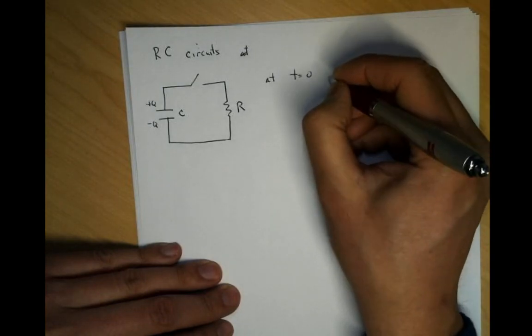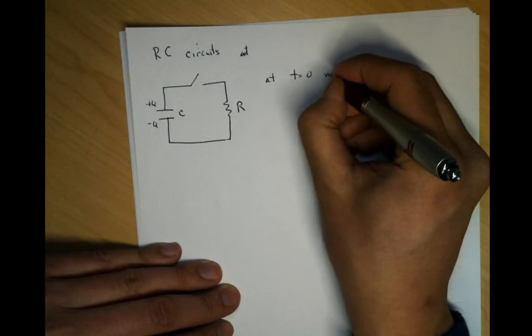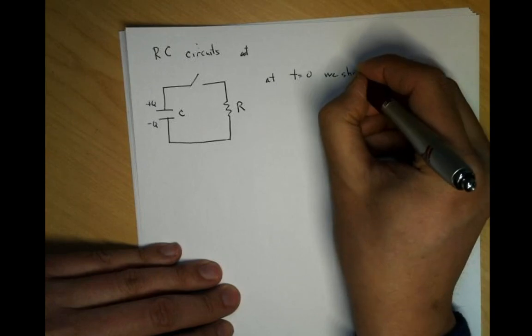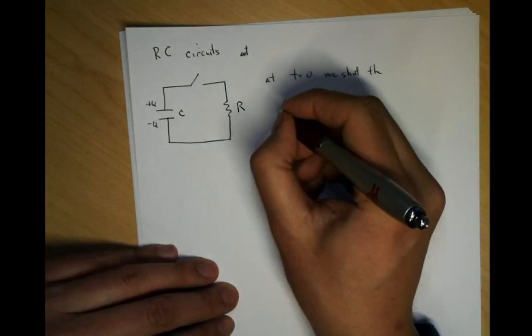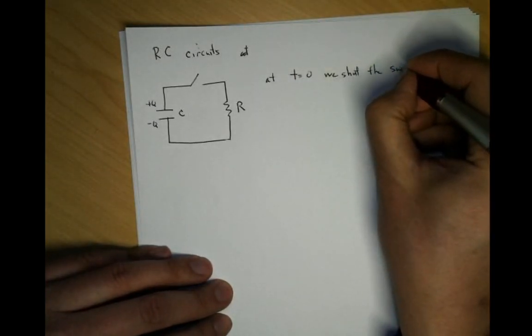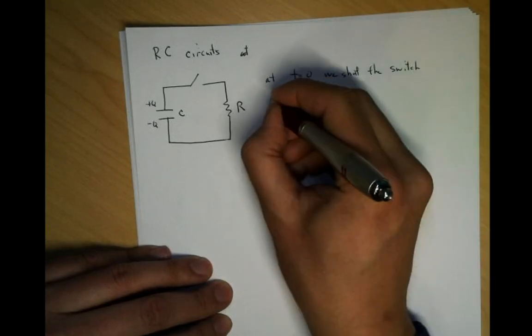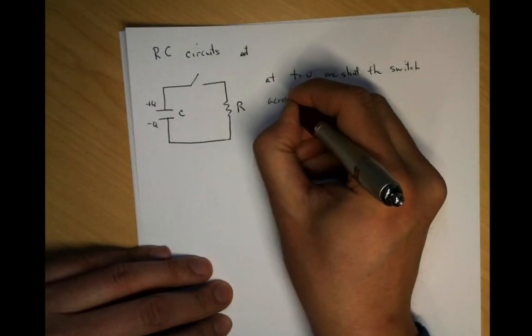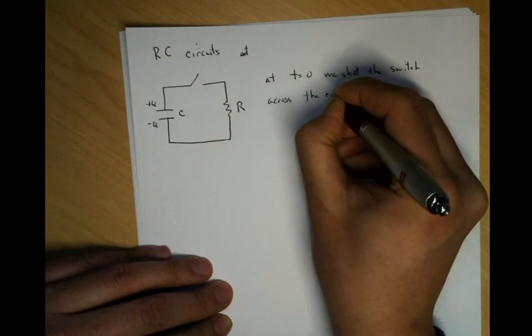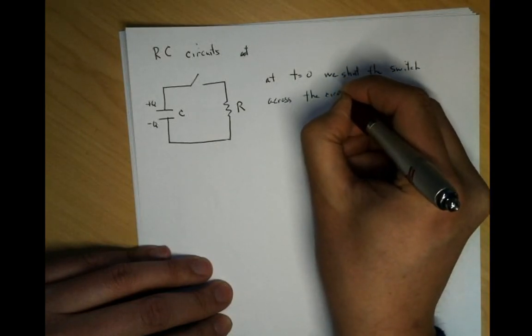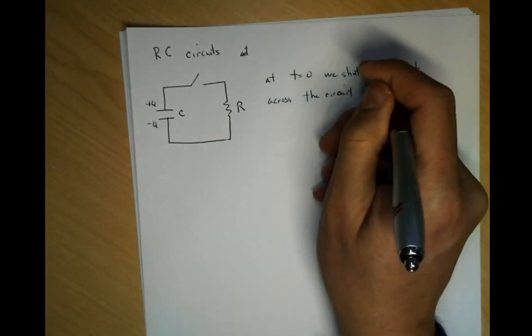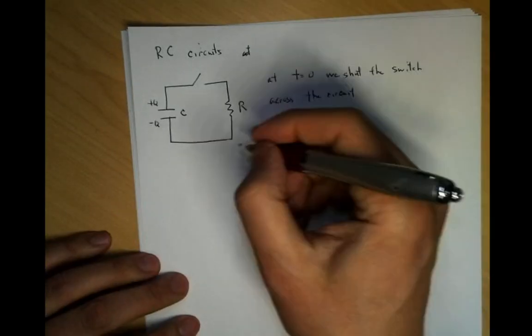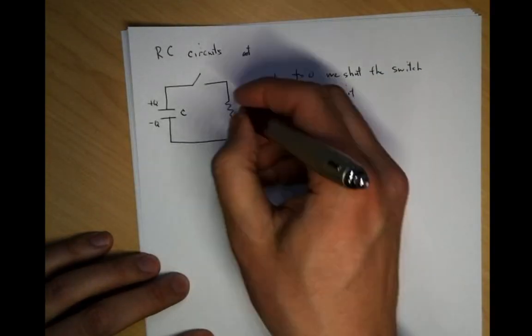At t equals 0, we shut the switch across the circuit, right? And then the question is, what happens after this? So let's basically draw this thing out, okay?